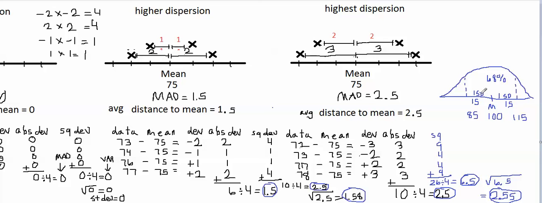But if someone asked what percent has IQs between 1 standard deviation below the mean and 1 standard deviation above the mean, I can say 68%. So the standard deviation is useful in a way that the MAD isn't.